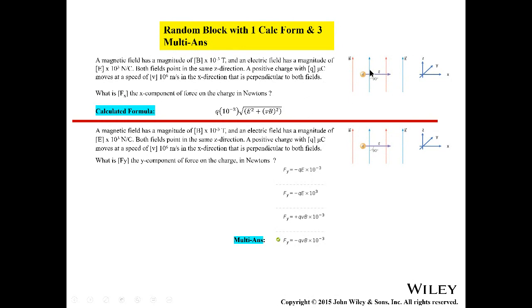Therefore, if you want to know the magnitude, you just simply take the Z component force plus the Y component force, and you take the square root, Pythagorean theorem. And the only thing you have to be sort of very careful about is that this is microcoulomb and this is so many kilovolts.